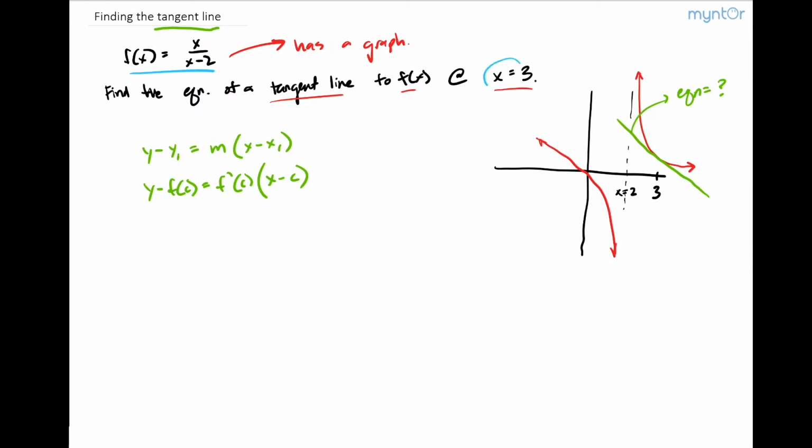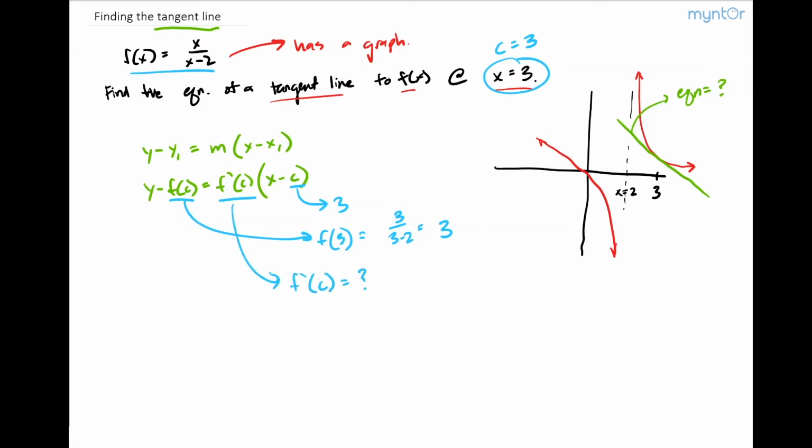We're also given our value of c, so c is equal to 3 in this case. F of c is going to be f of 3, which is equal to 3 over 3 minus 2, which is equal to 3. And so now all we have to do is figure out what f prime of c is.